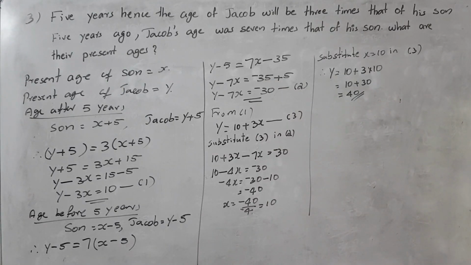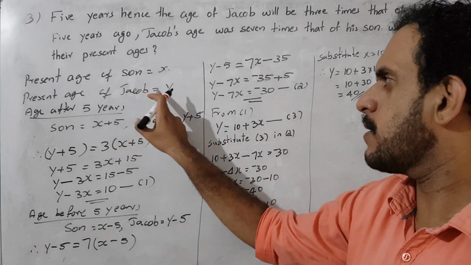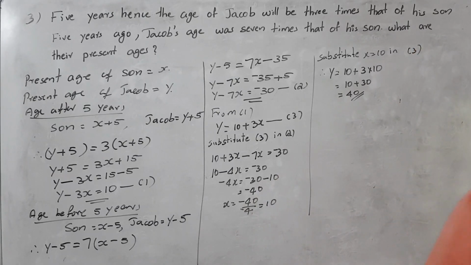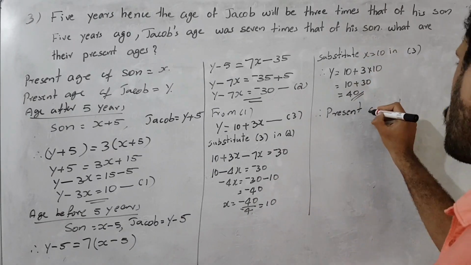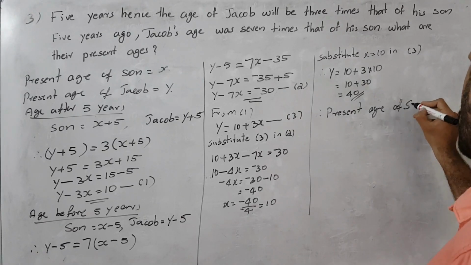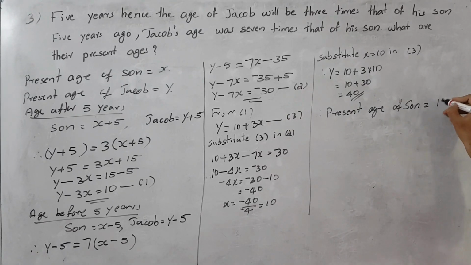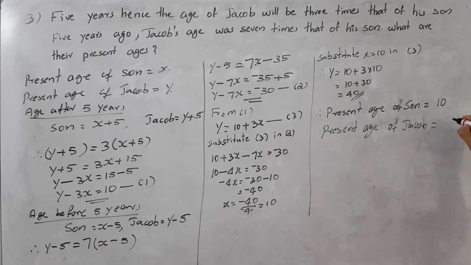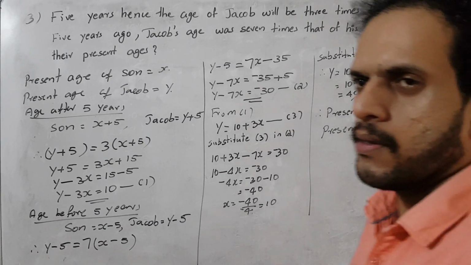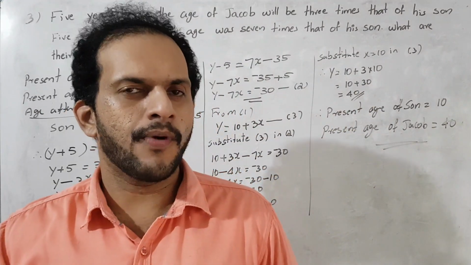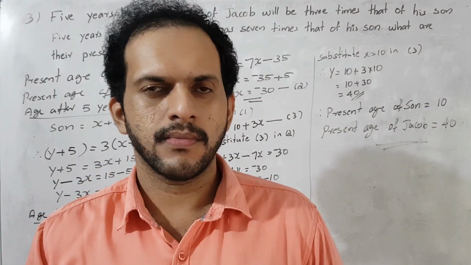So the age of Jacob is equal to 40. Therefore, the age of son is equal to 10 and the age of Jacob is equal to 40. Okay. Then this is the idea to find the values of x and y.